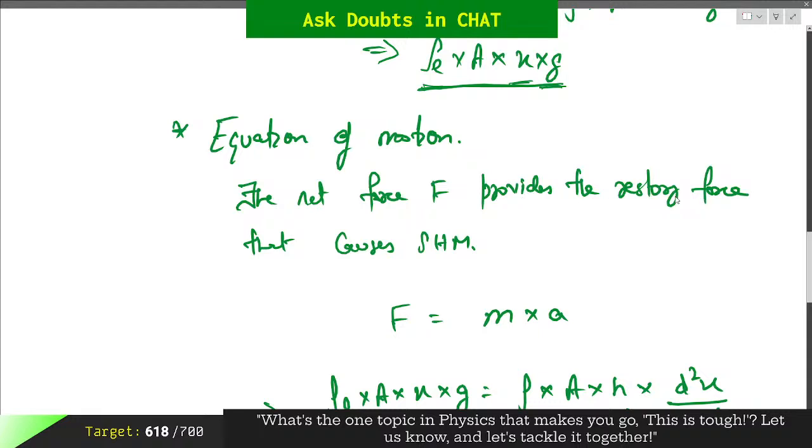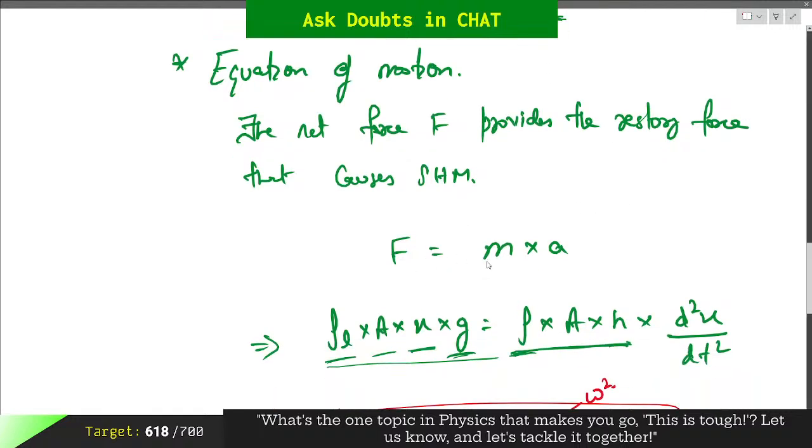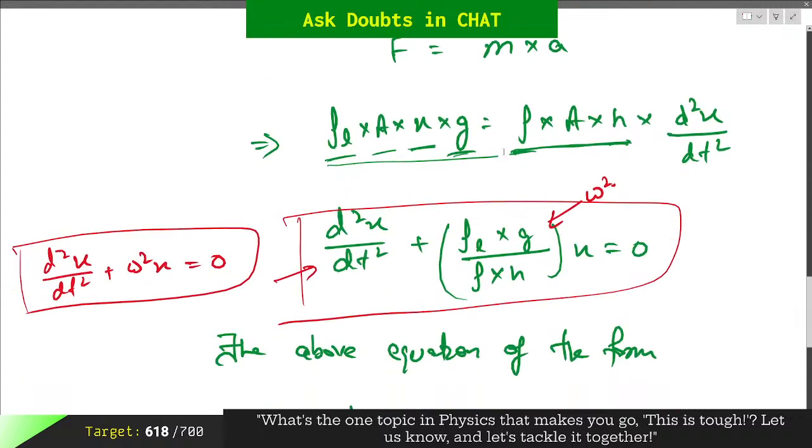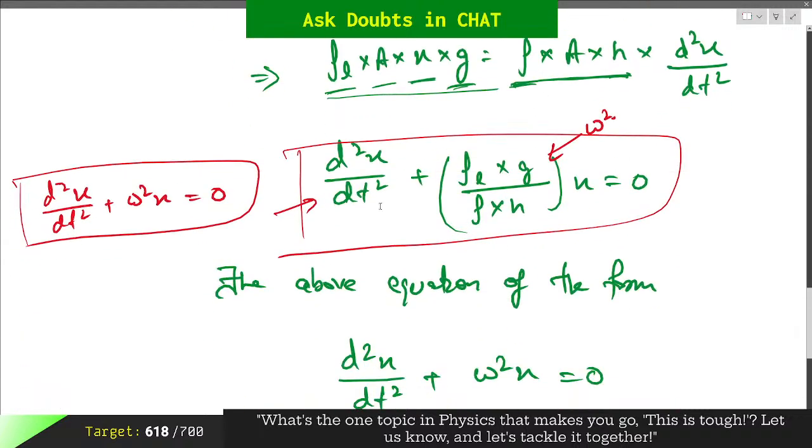So we can write the equation of motion, since the restoring force is always in the opposite direction, as F equals minus m times a. When we write it in this form, it relates to the general equation of simple harmonic motion, d2x by dt2 plus omega square x equals 0.